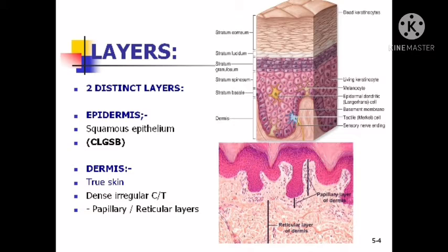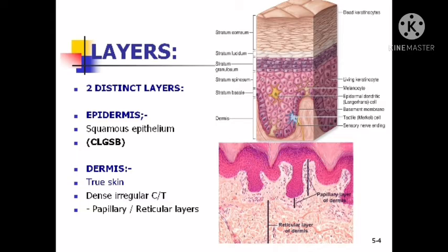The layers of the skin: the integument has two distinct layers, the epidermis and the dermis. The epidermis is composed of epithelial cells.